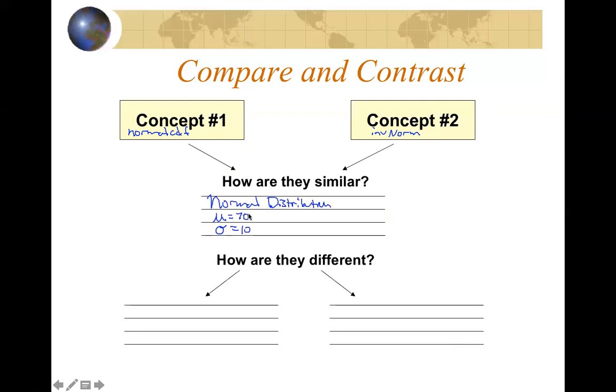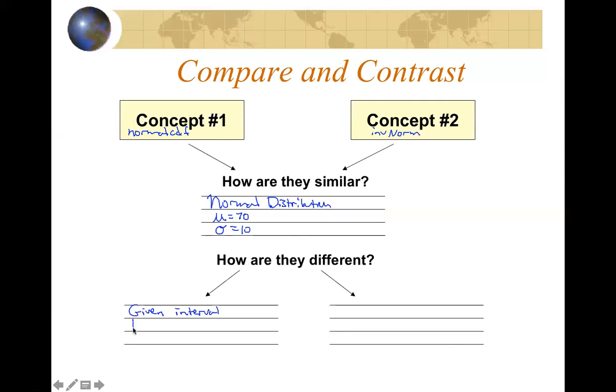Now, how are they different? Well, with normal CDF, in order to use that, you're given an interval. So when you read the problem, they'll actually use a data value. And that's, now, what proportion of this population is less than this data value or greater than this data value or between this data value and that data value?